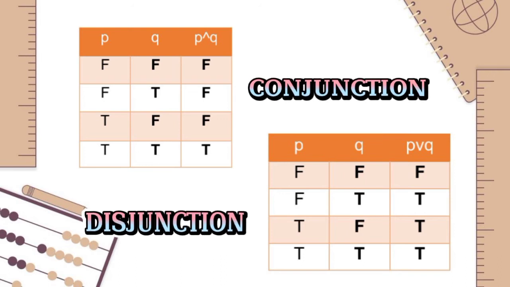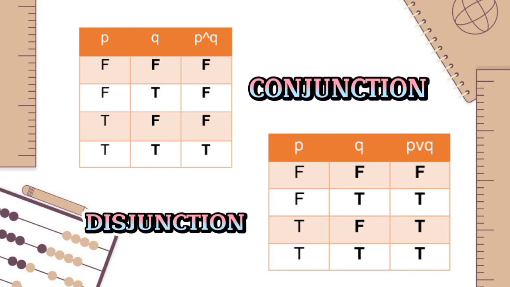So it is the opposite of conjunction, because the conjunction is true only when both P and Q are true. But disjunction is false only when both P and Q are false.